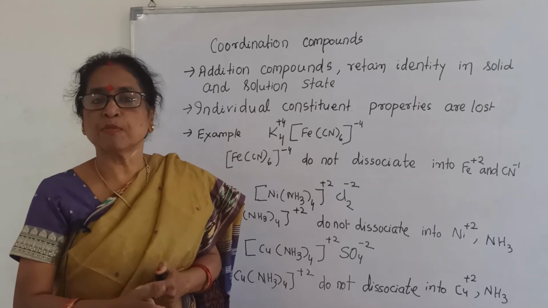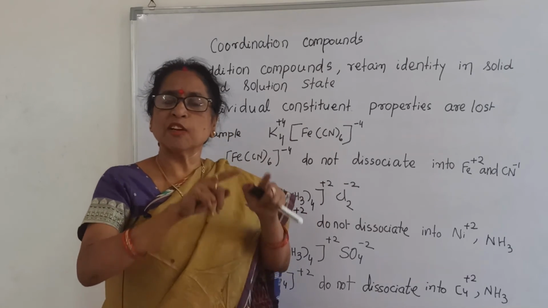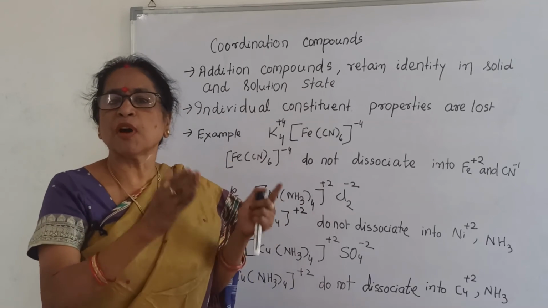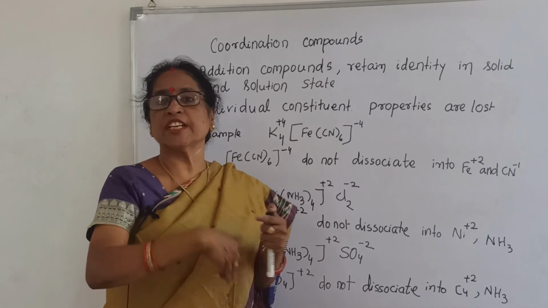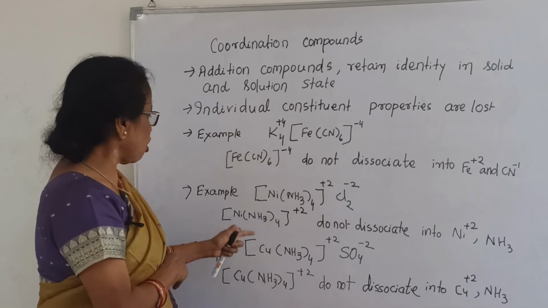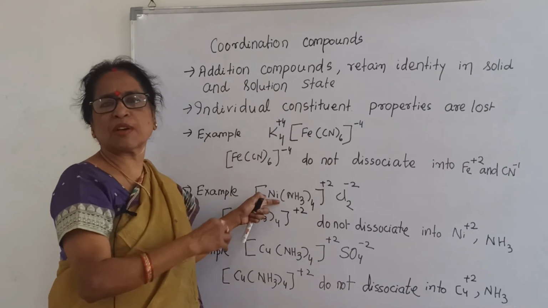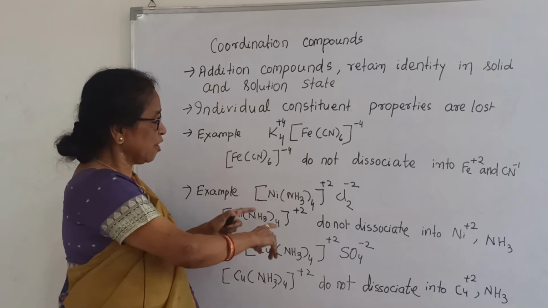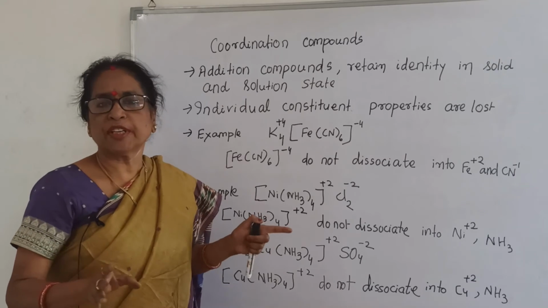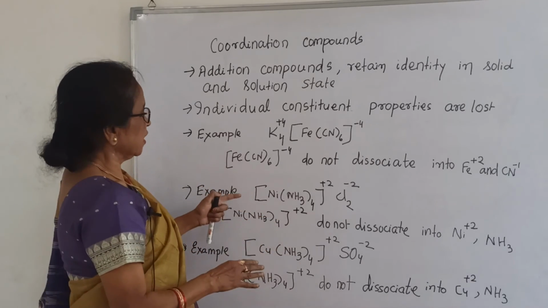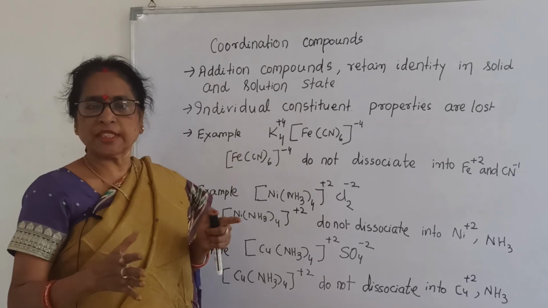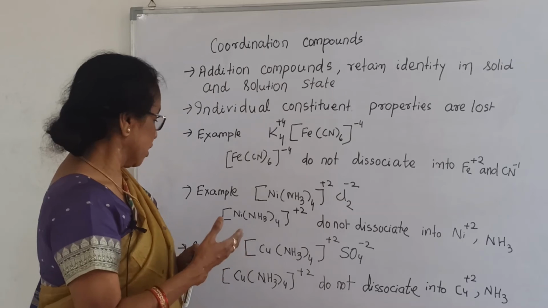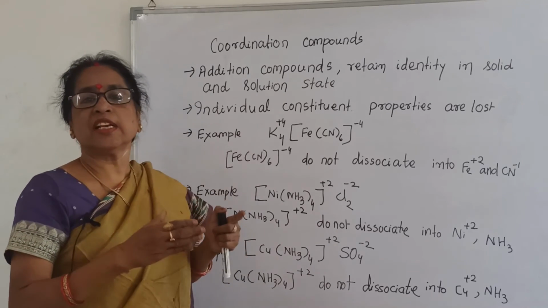But when a coordination compound is there, the complex ion within the square bracket behaves as one identity, and it shows properties different from its constituents. The constituents inside lost their identity and their properties. Here you can say the complex ion is a new one.